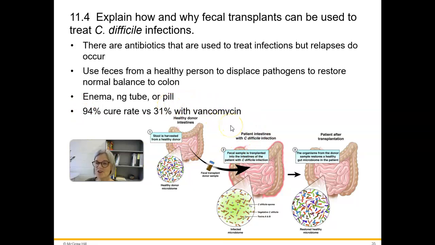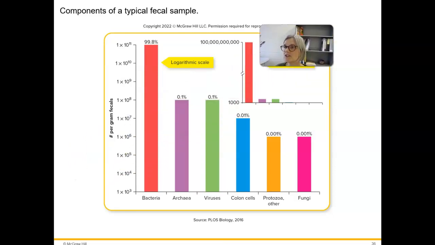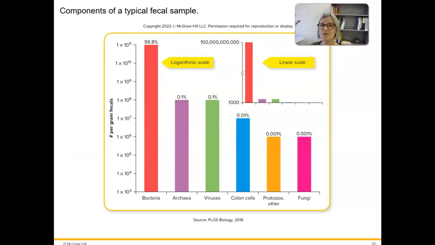I just wanted to show you this table from your book. It shows that if you look at components of a typical fecal sample, 99.8% of the cells you find in there are going to be bacteria. Small fractions of them are archaea, viruses, some colon cells, protozoa, and fungi.